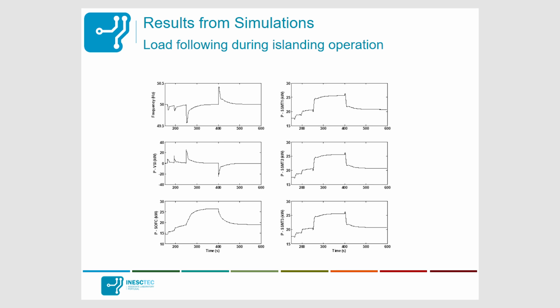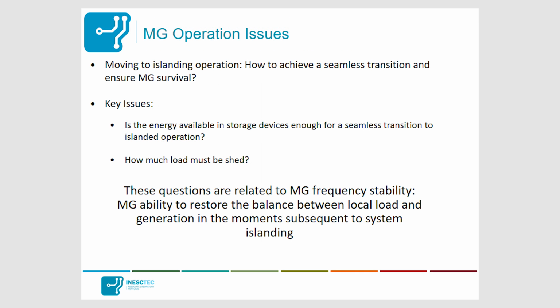In this case, we can see frequency changing in time according to the way the output of PV plants and the load have changed during the operation of the system, and in this way we can see if the system is capable of responding and operating in these conditions.